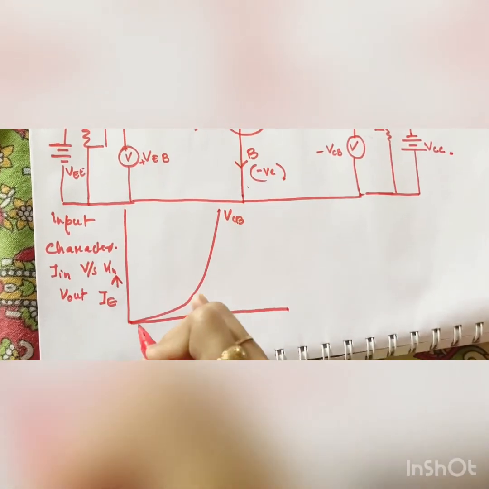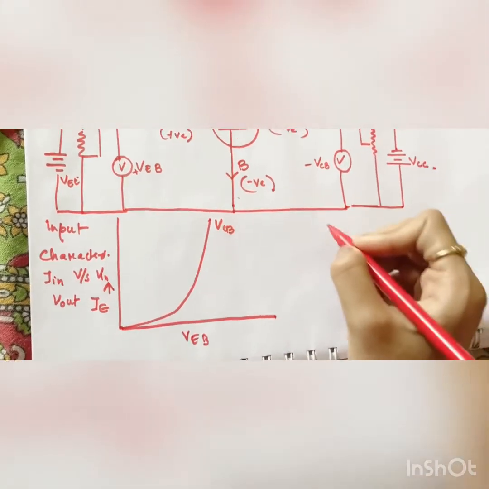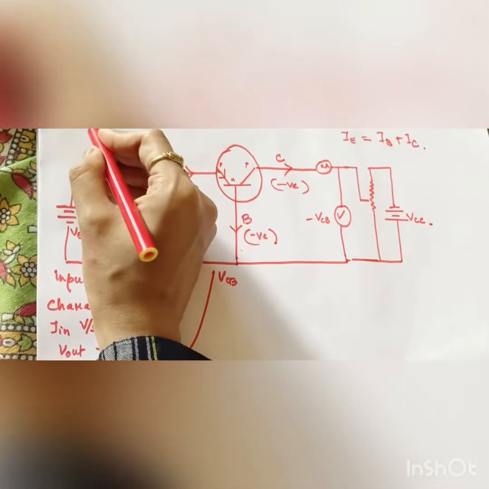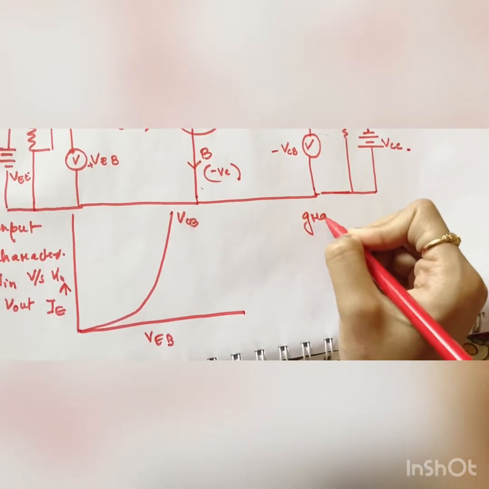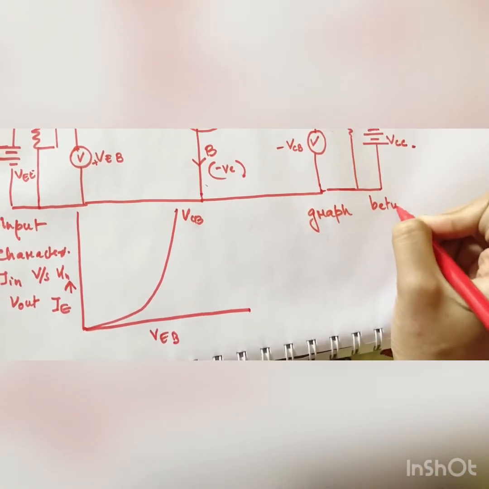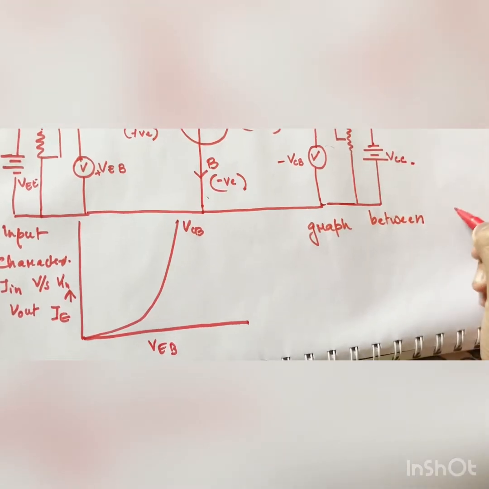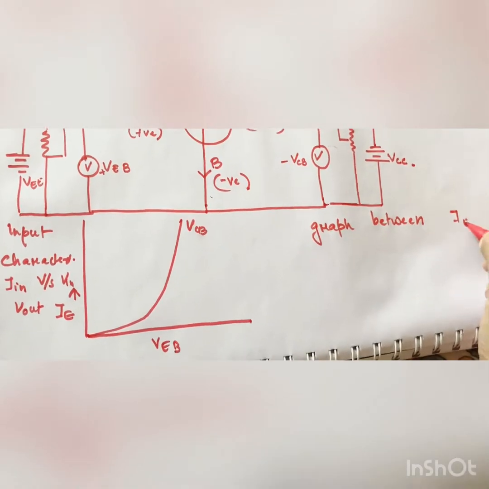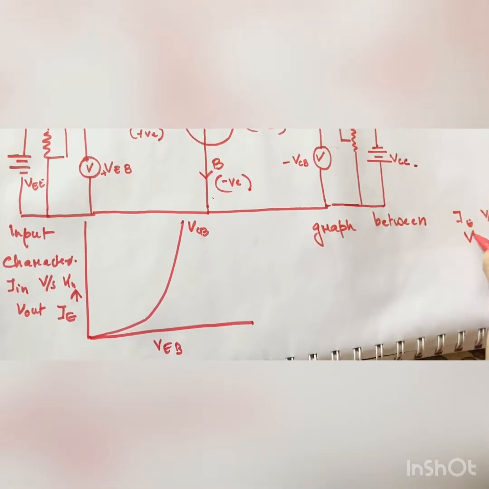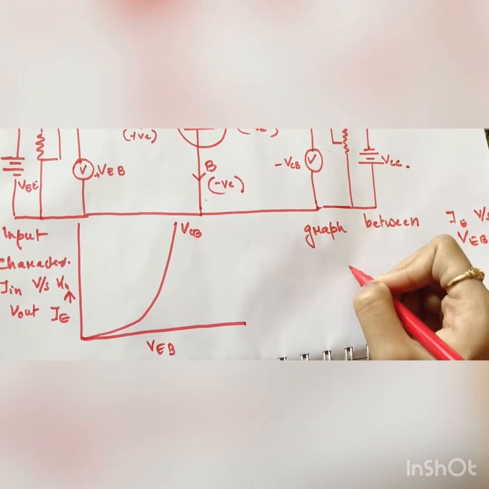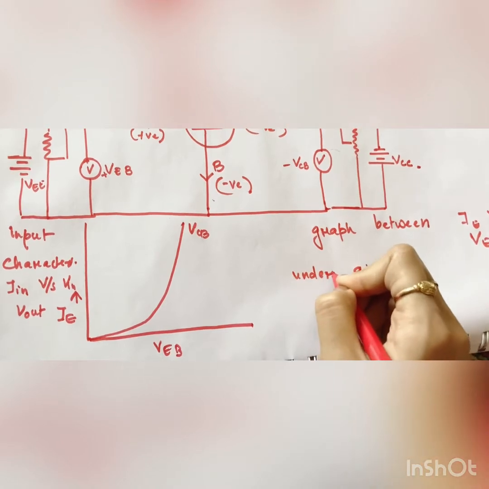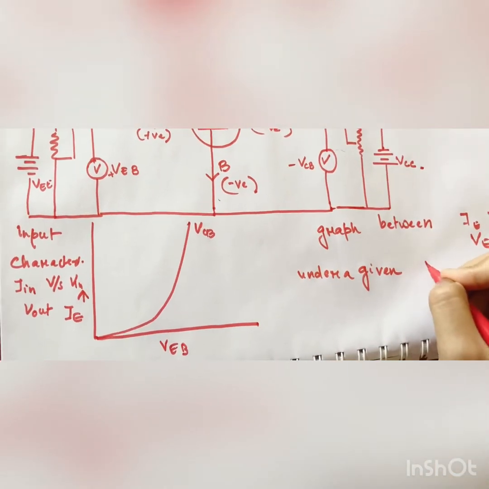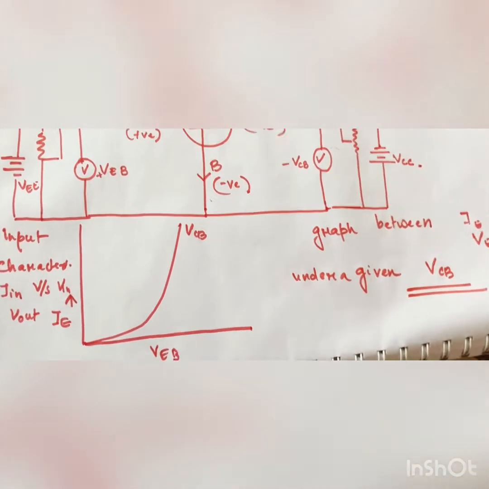So the input characteristics for the common base mode is the graph between IE versus VEB under a given VCB, which is the output voltage.